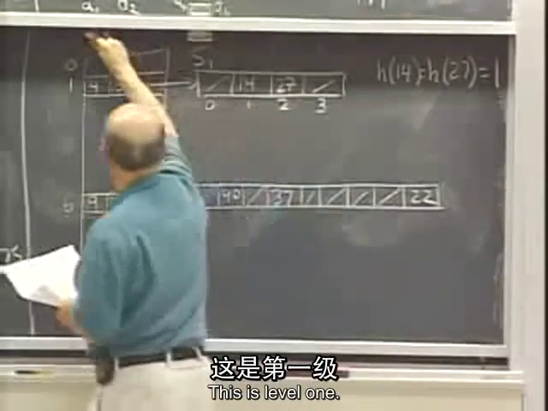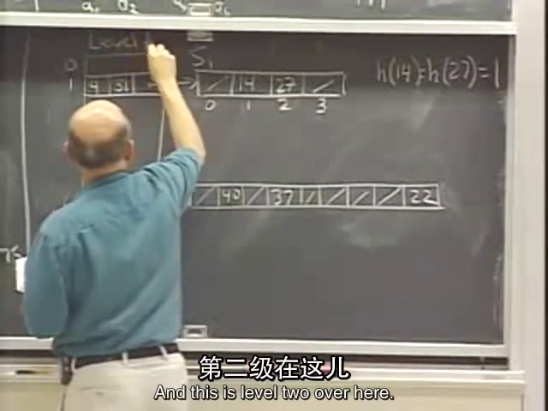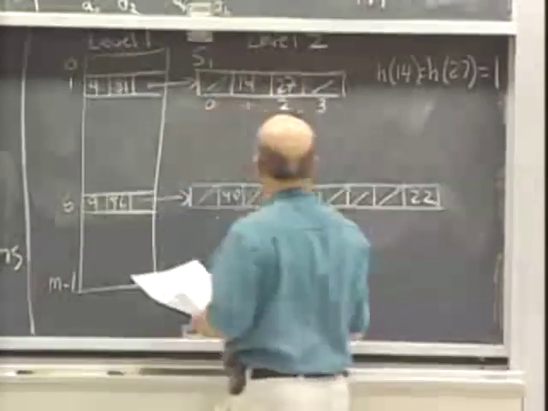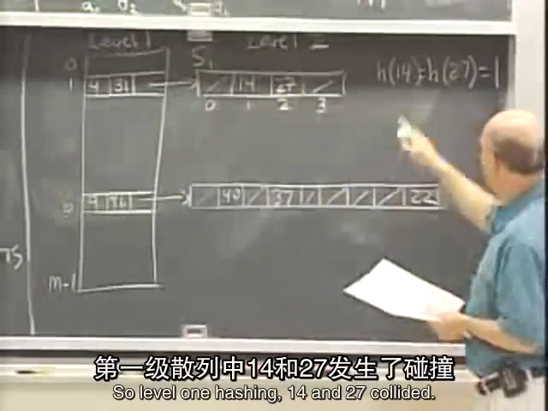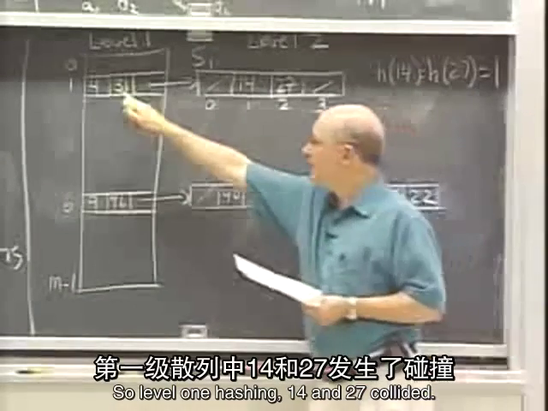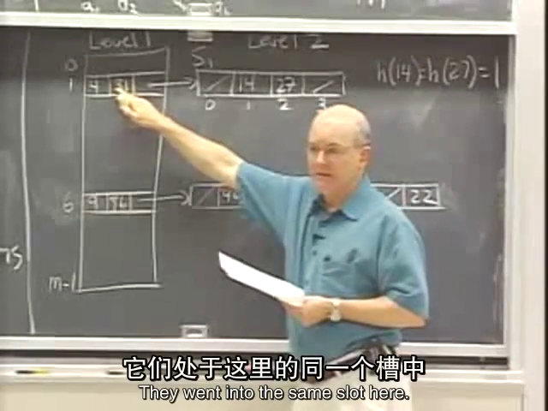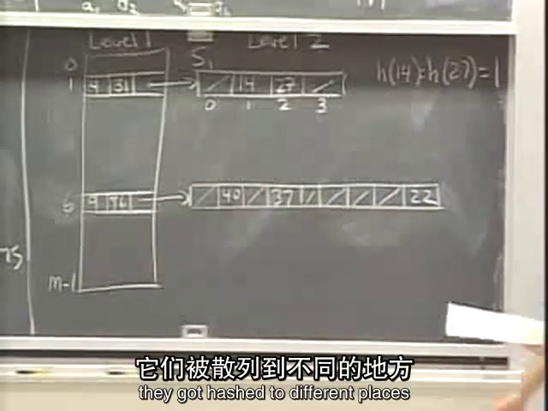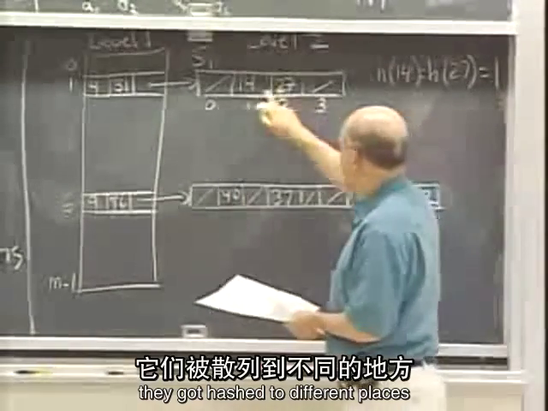So this is level 1, and this is level 2 over here. So level 1 hashing, 14 and 27, collided. They went into the same slot here. But at level 2, they got hashed to different places.